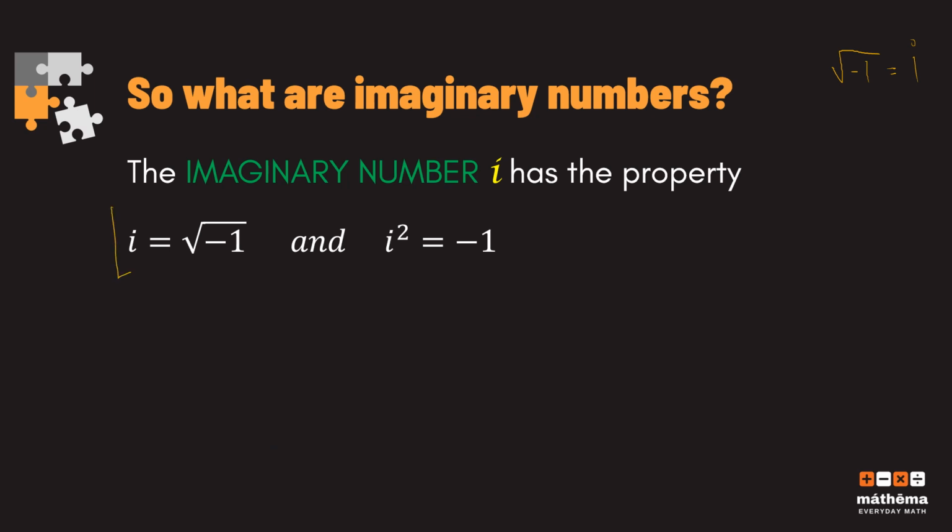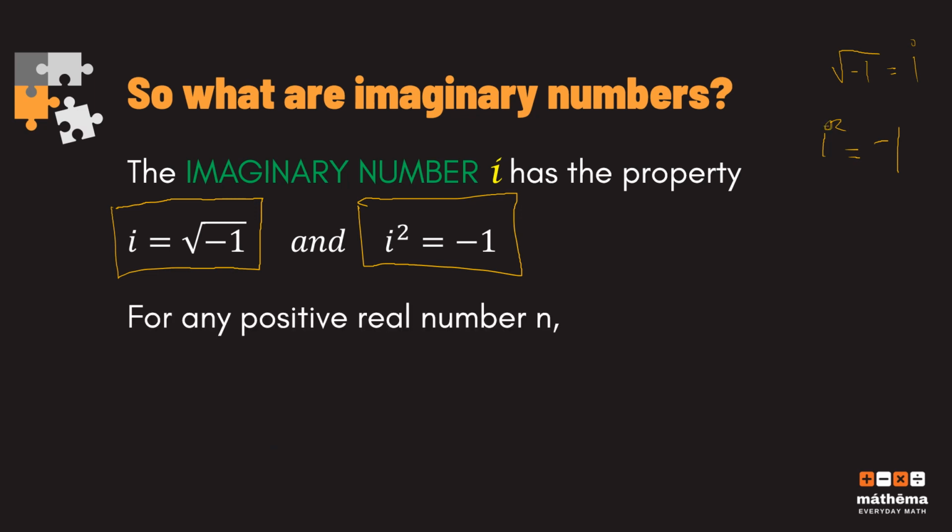And if we do the reverse, i squared will give us negative 1. This is the second one. So take note, the square root of negative 1 is i, denoted by i, which means imaginary, and i squared is equal to negative 1.